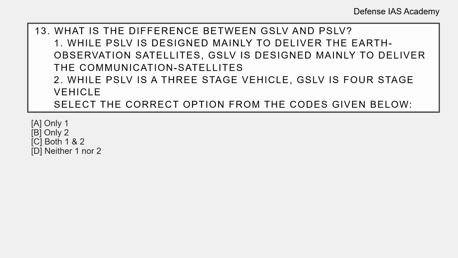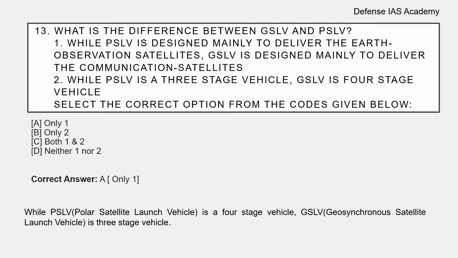Select the correct option from the codes given below. Options are option A only 1, option B only 2, option C both 1 and 2, option D neither 1 or 2. The correct answer is option A only 1. While PSLV is a 4-stage vehicle, GSLV is a 3-stage vehicle.